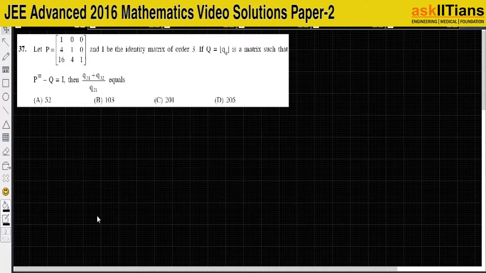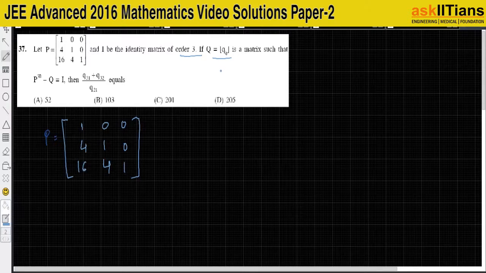First is question number 37, and this is a single choice correct question. Question number 37 says that there is a matrix P, which is equal to 1 0 0, 4 1 0, 16 4 1. This is matrix P, it's already given. I is the identity matrix of order 3.